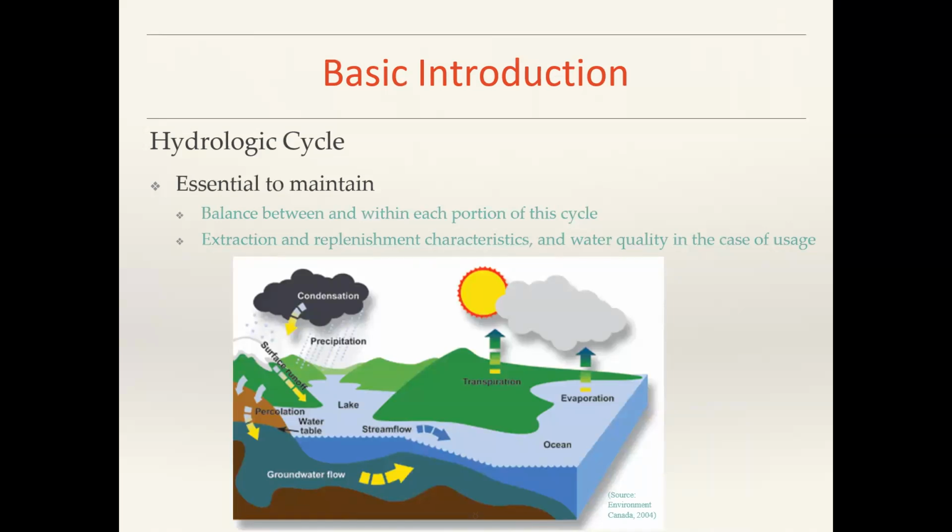When we talk about the balance of the groundwater aquifer, groundwater recharge and groundwater extraction are the main processes that control its water balance. For example, for irrigation and domestic purposes, we extract groundwater from the aquifers.